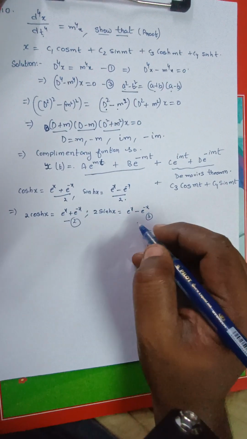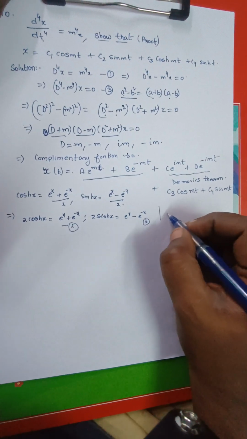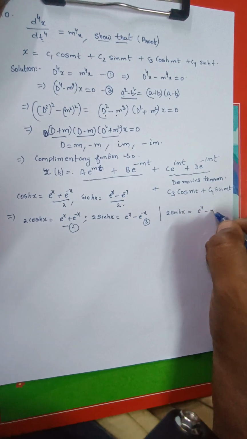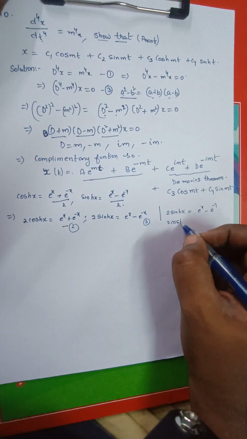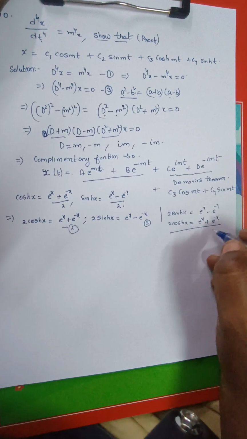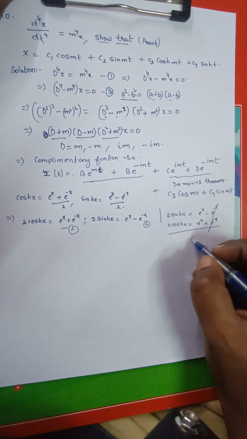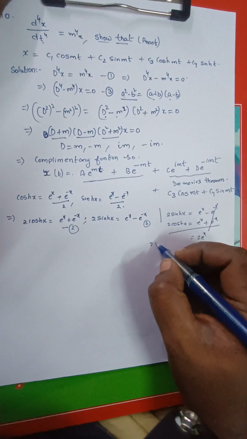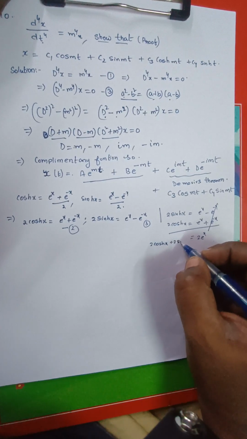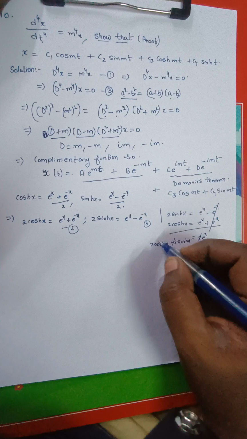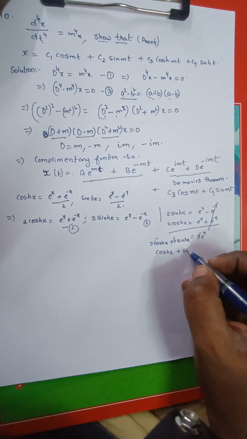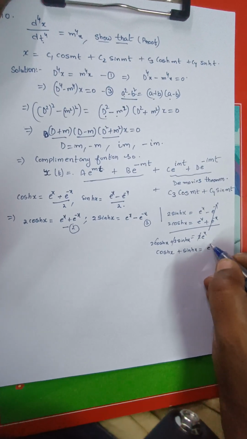If you add both of these, the e^(−x) terms cancel and you get 2e^x = 2 cosh x + 2 sinh x, and the 2 cancels as it is common. So cosh x + sinh x = e^x.